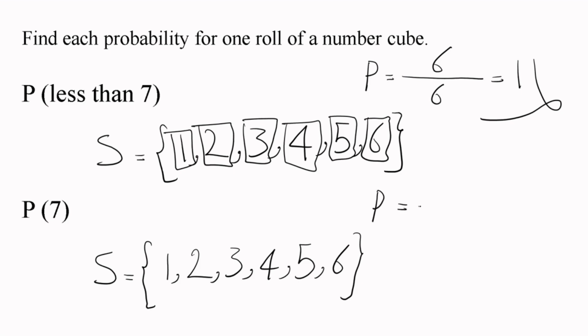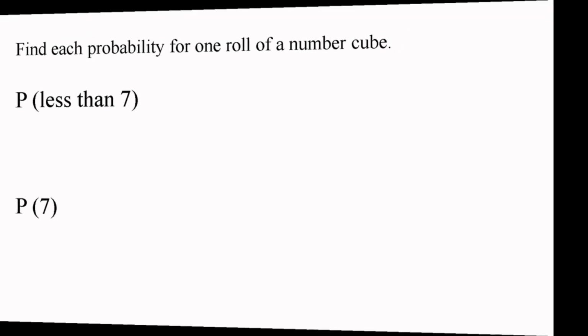So P will be equal to how many favorable outcomes do I have? Did I draw a circle around any members of the sample space? No. So 0 favorable outcomes divided by 6, it means it is going to be 0. And it is really obvious when you roll a die, it's not possible to have 7. So it is impossible, and the probability is going to be 0.